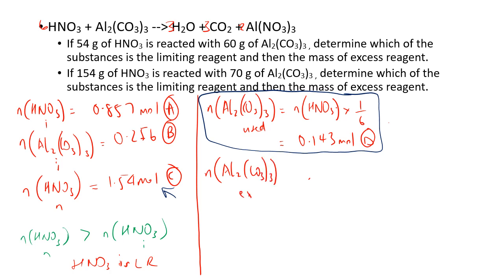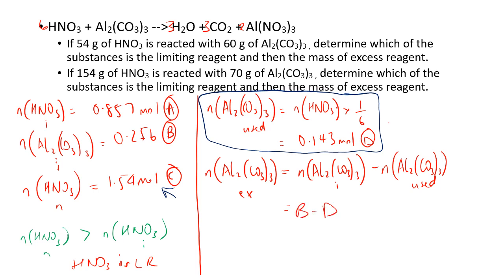All right, now that we've got the amount that is used, we can work out how much Al2(CO3)3 is in excess based on how much we started with: Al2(CO3)3 initial, subtract the number of moles of Al2(CO3)3 used, which happen to be B, take away D, that's why we love saving numbers, which happens to be 0.114 moles.